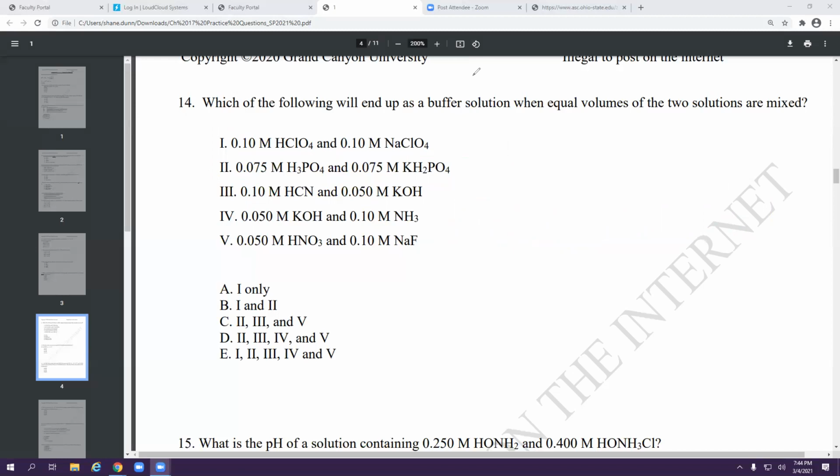It's the only one they changed. This one right here is going to be wrong. 3 is correct. Which one is this one? This is 14.